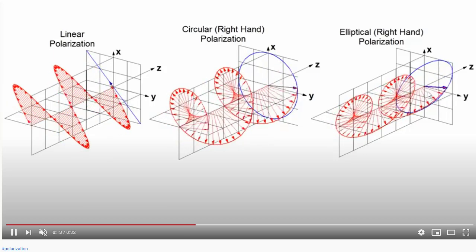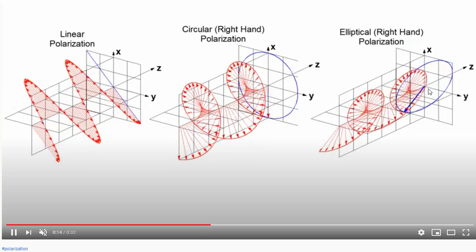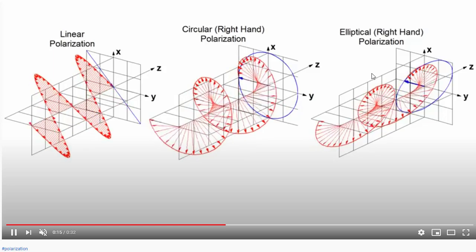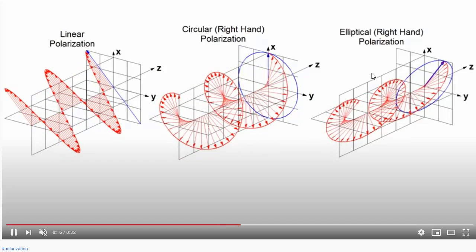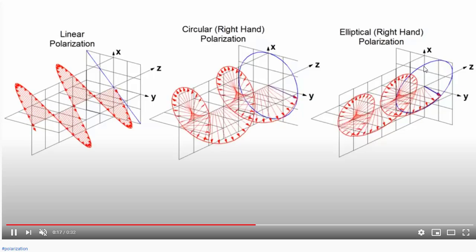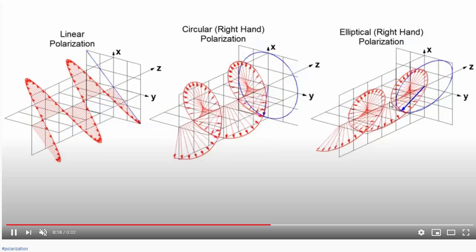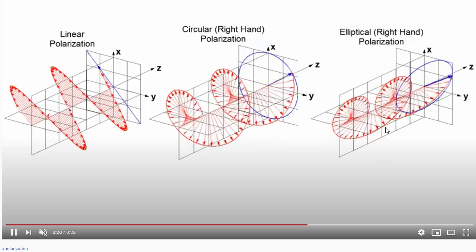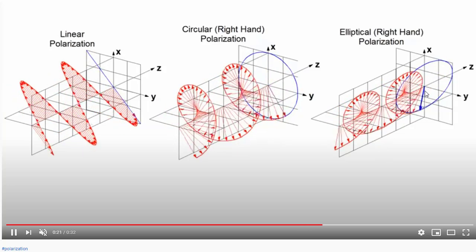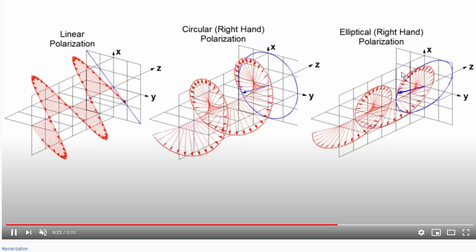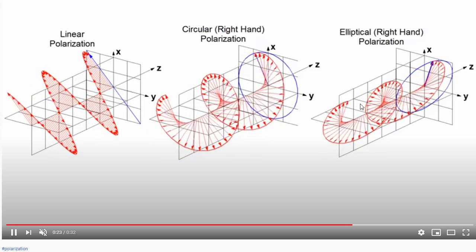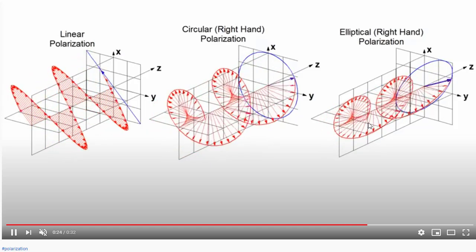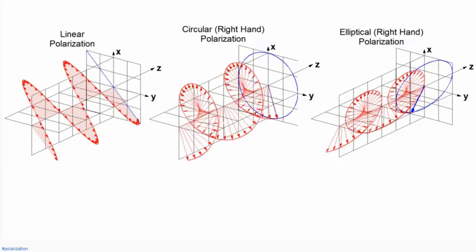Again, the main way to do that is to get the phase between minus pi and pi, see whether EY leads or lags EX, and use that to determine which hand it is. The other way, if you like to work through the math, is to set z equal to 0, plot that parametric equation, and see if it rotates in the clockwise or counterclockwise direction.